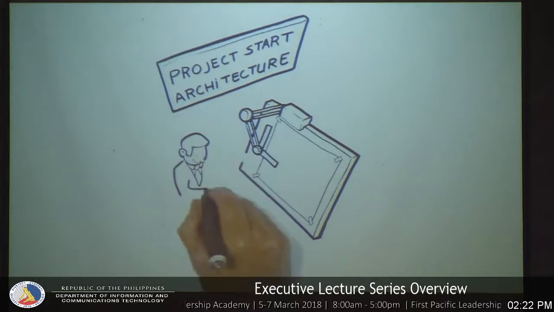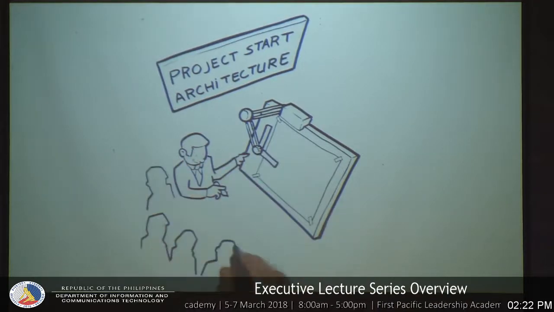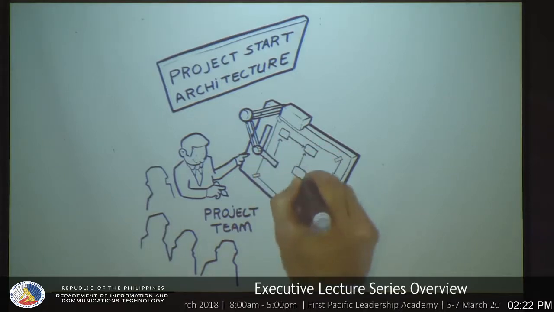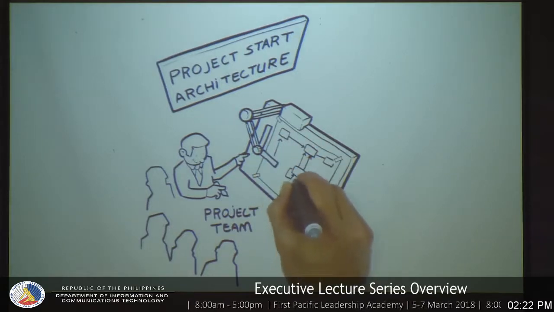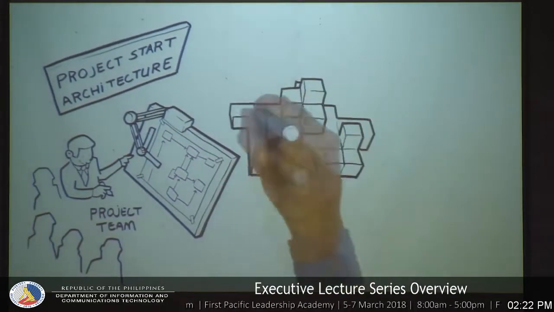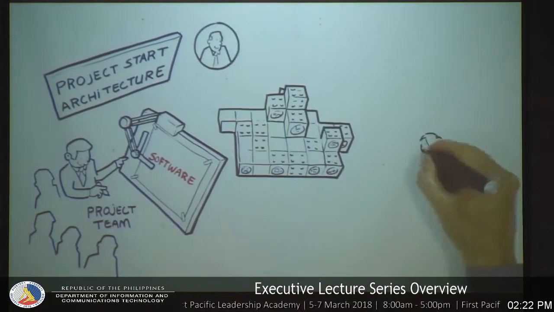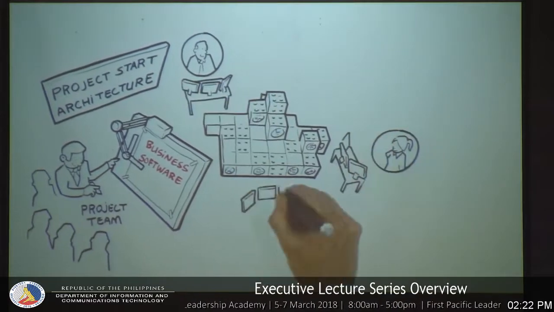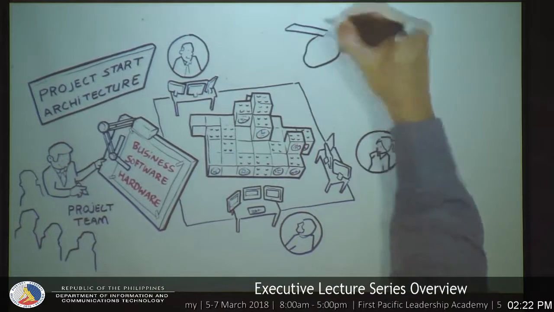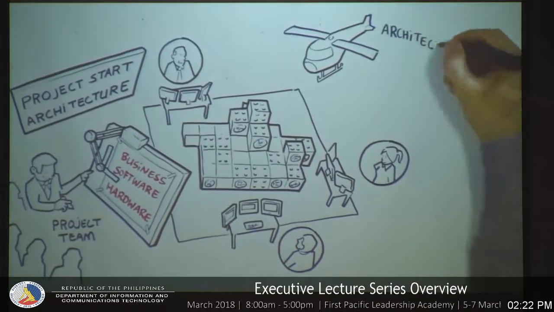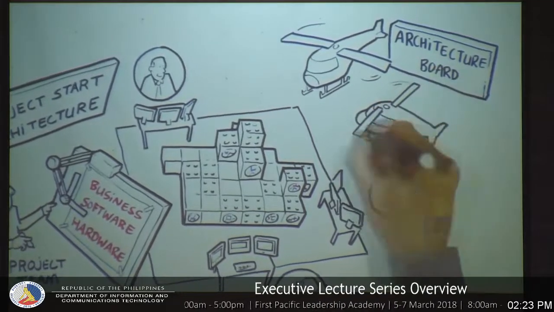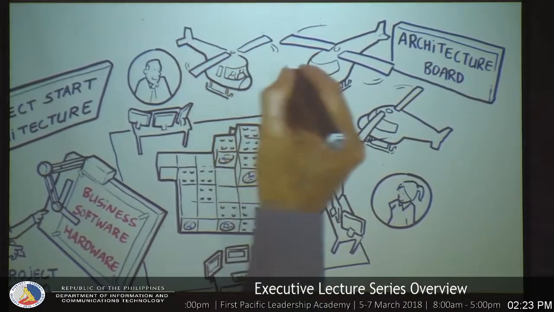This is created by a project architect who is part of the project team. He or she writes a plan explaining how the total landscape will look when the project is complete. This plan includes the applications we've set up, what they do for the business, and the hardware they require. The project start architecture is evaluated by the architecture board. In this board, architects from every domain in our company work together and supervise the entire landscape.